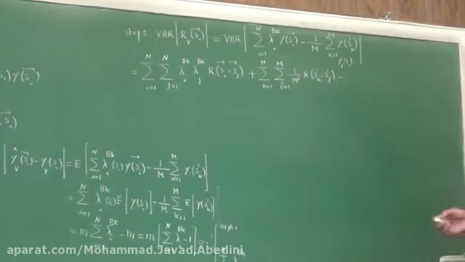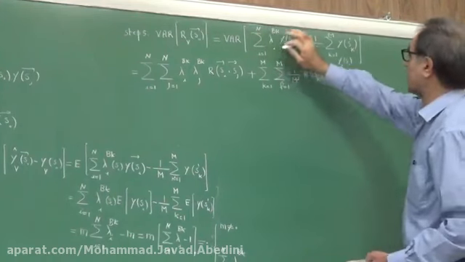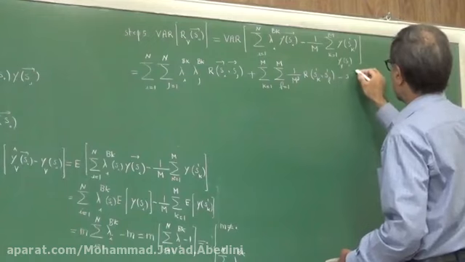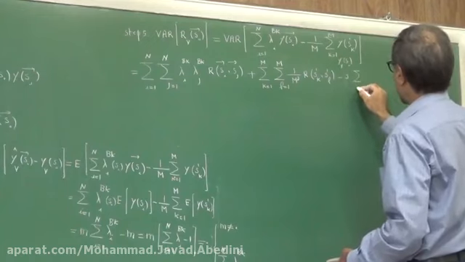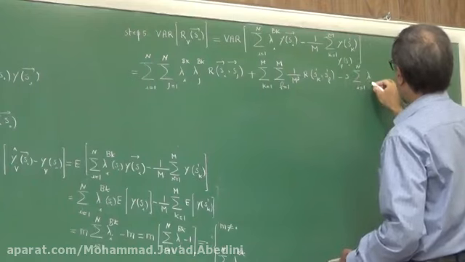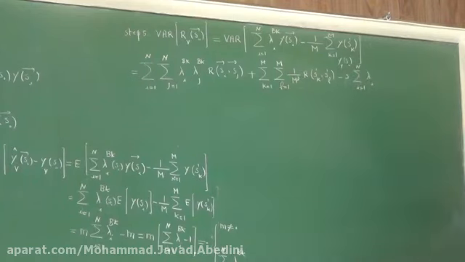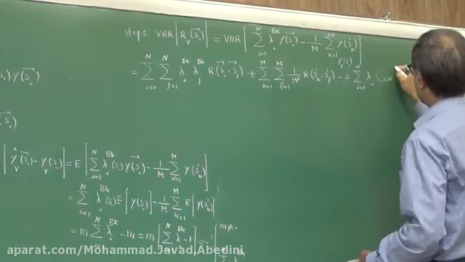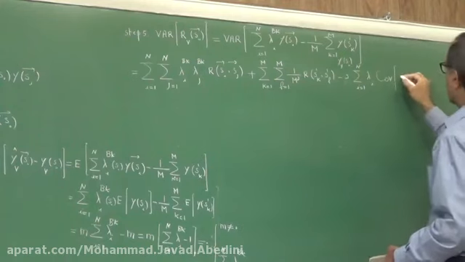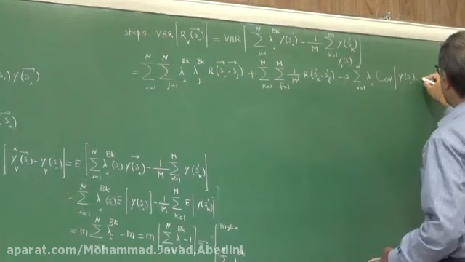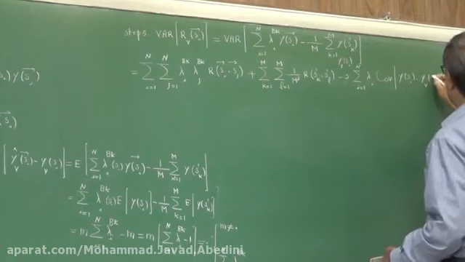If you multiply this by this, it will become minus 2 summation i from 1 to n lambda i times covariance of y at Si, y at S0.